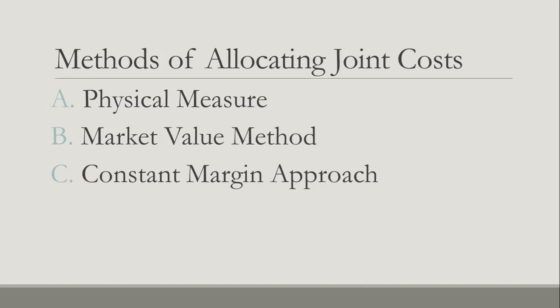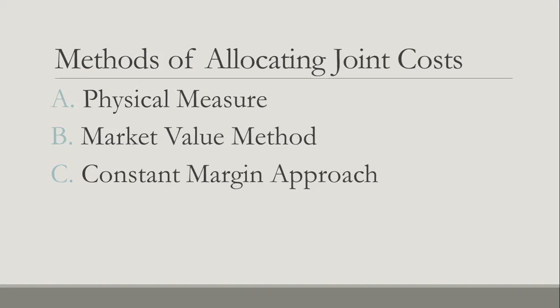Three methods are commonly used to allocate joint costs. First, the physical output method, which is based on volume, and the other two are based on market values, which are the market value at split-off method and the net realizable value method. So we have here your methods of allocating joint costs.